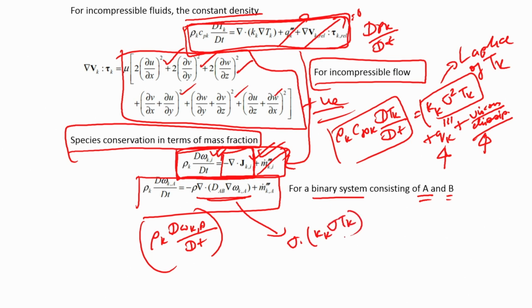Okay. So, this is also a diffusion term, and this is the corresponding generation term. In many cases it can be equal to 0. This DAB can also be a constant, so in that case it will come out and you will once again get a Laplacian of the omega Ka.